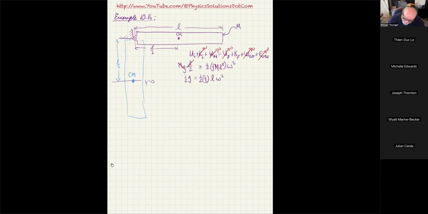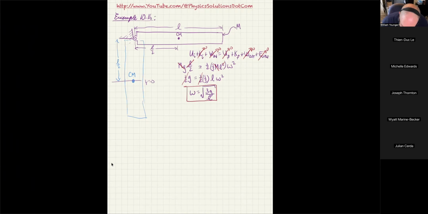You can see now that the 1/2s are going to cancel out as well, and I can get that omega is equal to the square root of 3g over L. So that's what the angular speed of it is. Omega equals the square root of 3g over L.